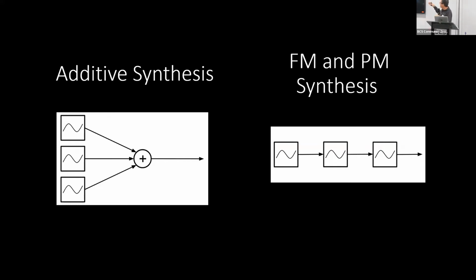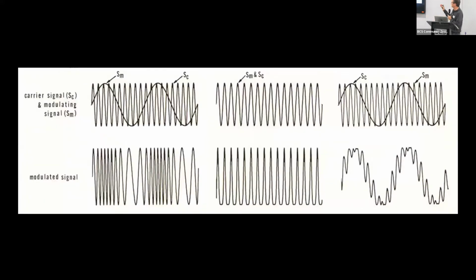But if instead of adding together, you feed one into each other, using the output of one oscillator to modify the values going into the next oscillator, you can end up with much richer, more complex waveforms. This could be either what's called frequency modulation or phase modulation synthesis. For just doing two, they're basically the same.